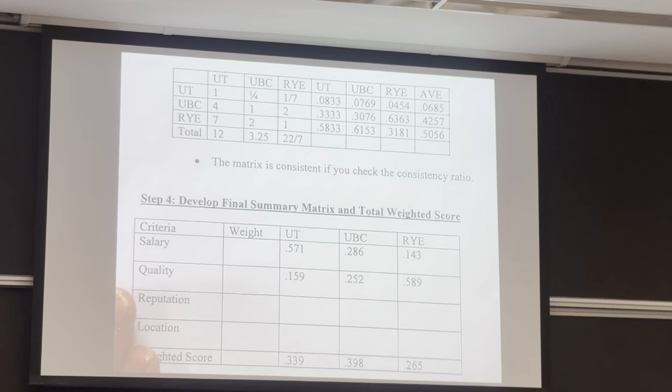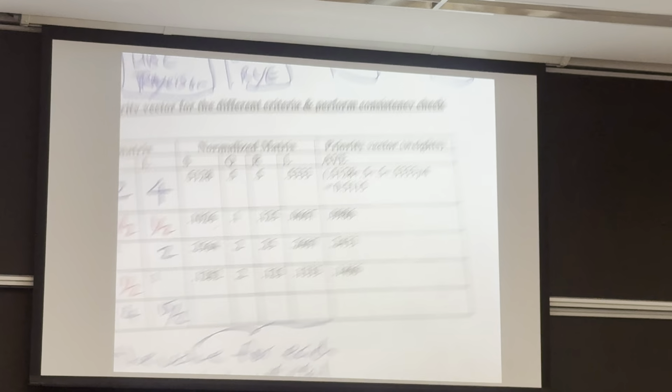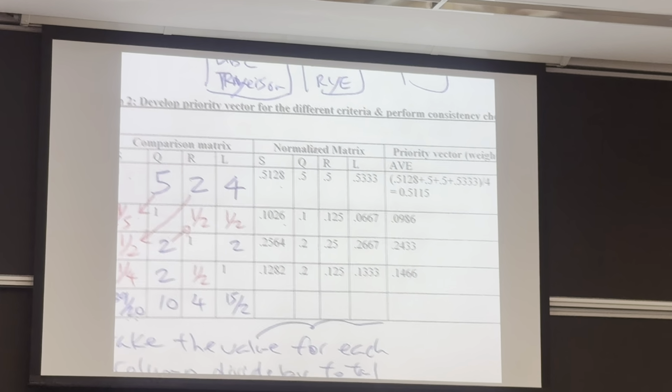Put everything together in a summary table. So there are my criteria. The weights are coming from this table here.